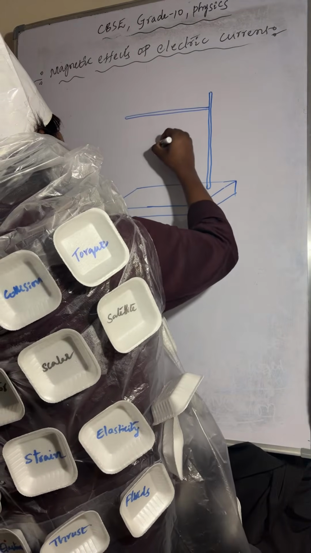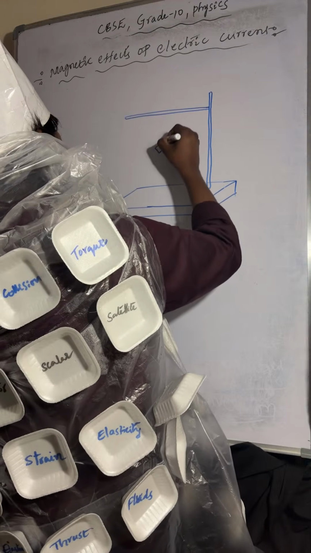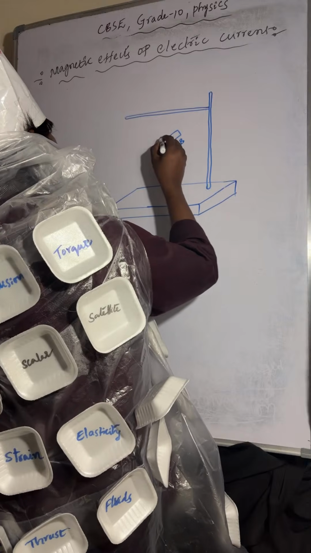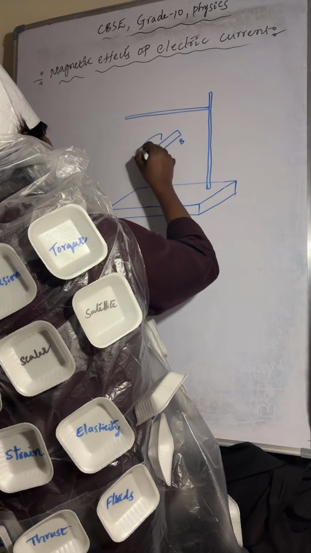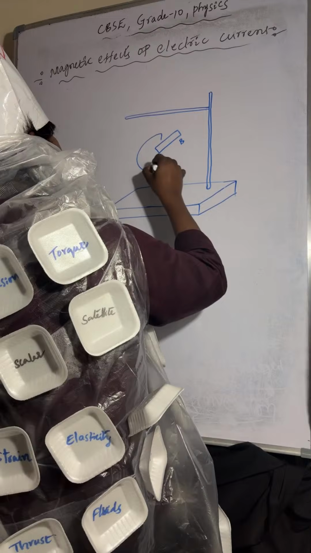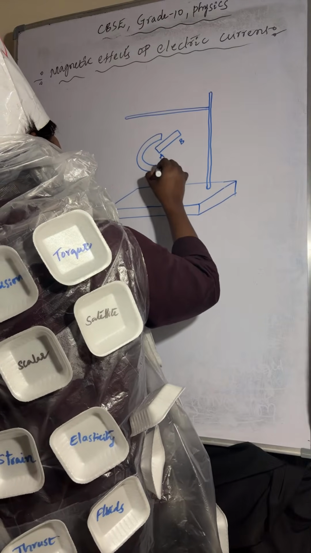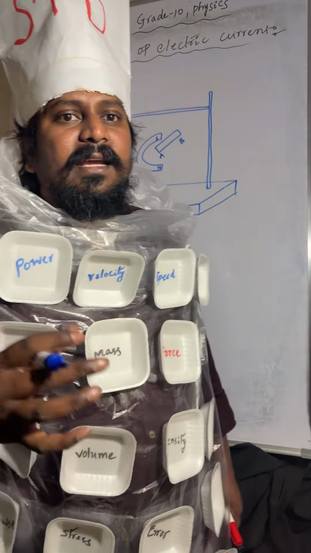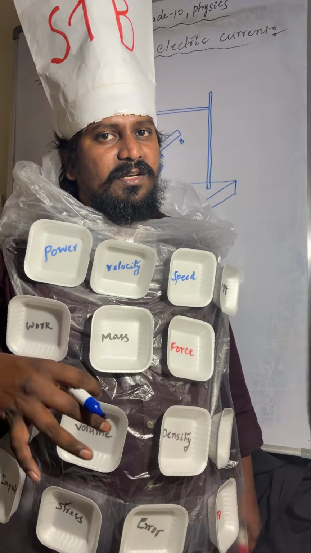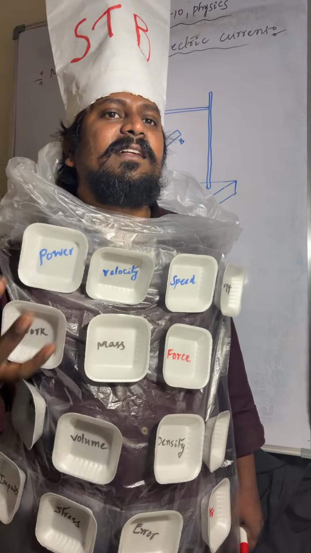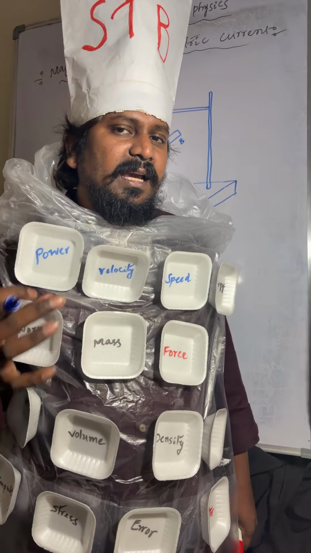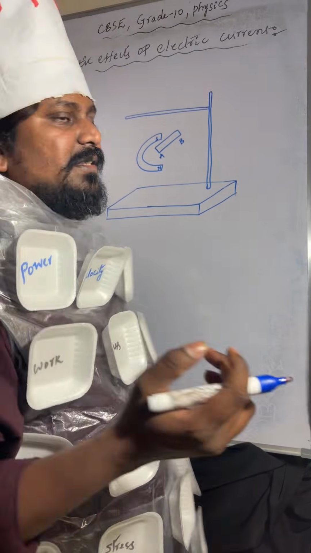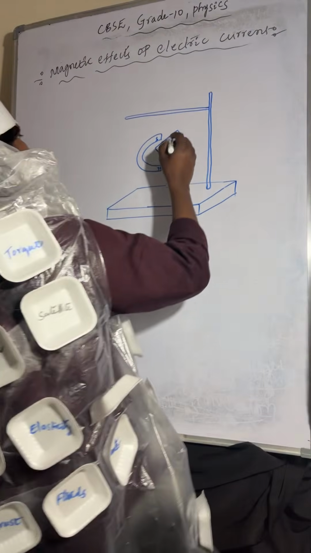I am taking this aluminum rod AB, placed between the north pole and south pole. A current carrying conductor placed in the external magnetic field experiences a force. Understood? I am taking it like this.